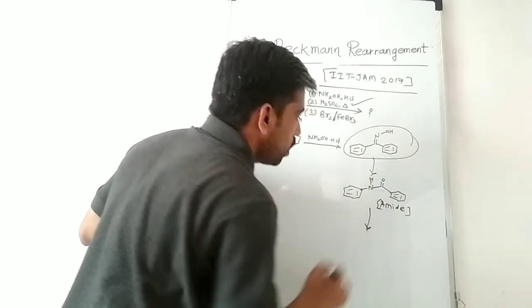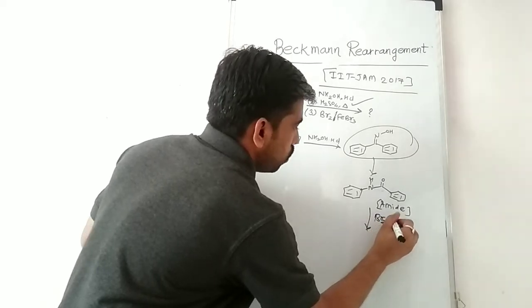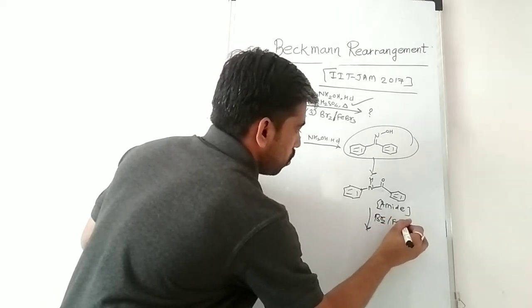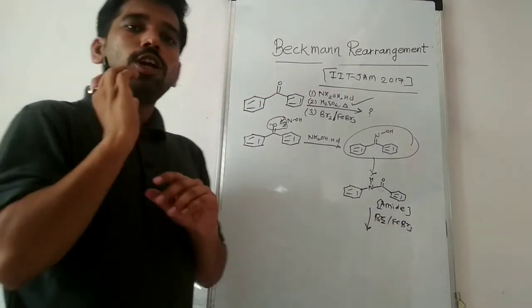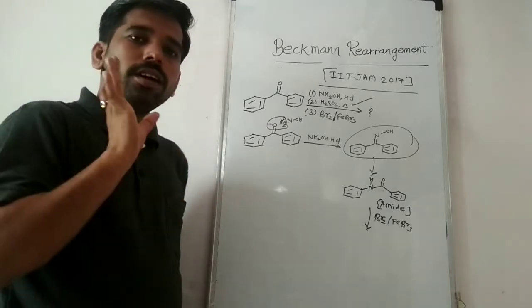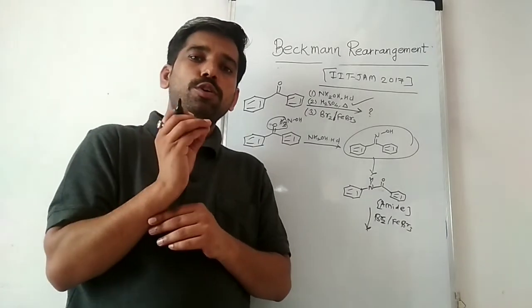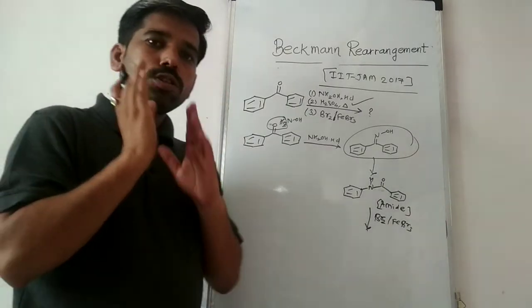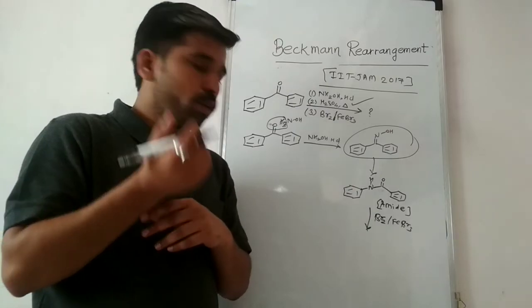Now in the next step, the condition is Br2 in FeBr3. Okay, this condition is for the aromatic electrophilic substitution reactions. Okay, aromatic electrophilic substitution reaction, and for this reaction, the aromatic ring that is electron rich is susceptible towards the substitution reactions.